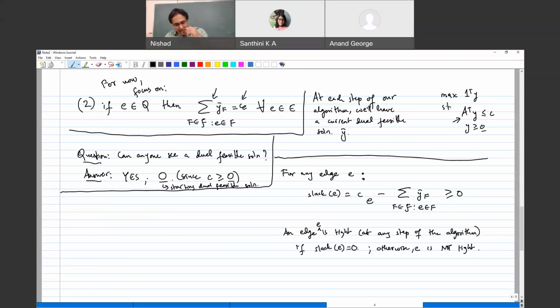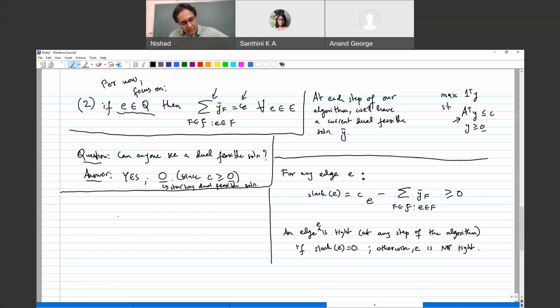Given a dual feasible solution, we will consider the tight graph, which will be the graph formed by only the edges which are tight, because remember, our path has to be only from those edges that are tight. Notice that if an edge is in the path, then the corresponding edge has to be tight.